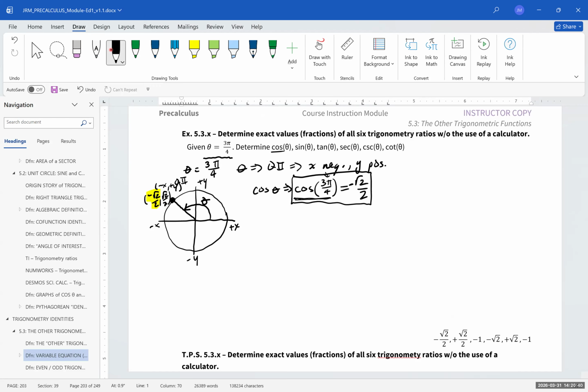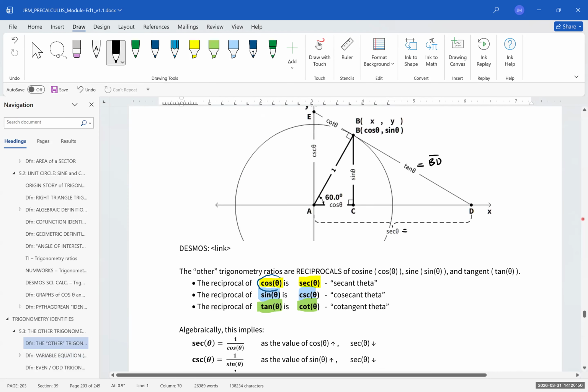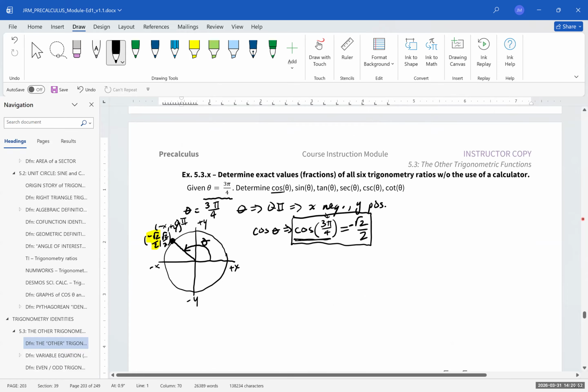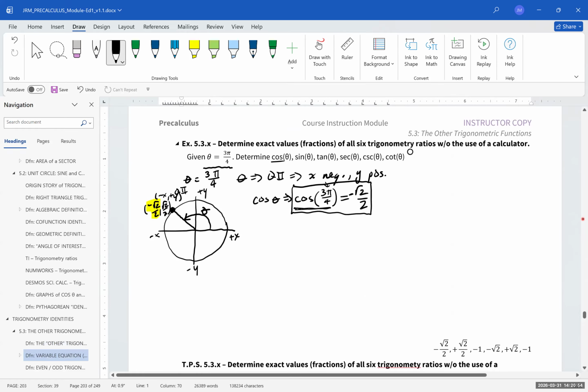Now let's go ahead and do secant, because secant is the reciprocal. So secant theta is going to be the reciprocal of cosine. All we need to do is take whatever cosine is and flip the numerator and denominator.